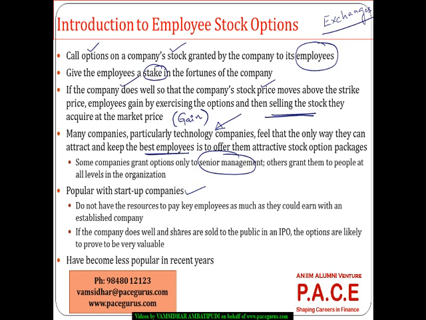So if the company does well, and the shares go into the IPO, then the options become more and more valuable. I should be able to buy the shares at a much cheaper price and sell them at a much higher price. So this is the major background behind the issue of stock options to the employees by the company.